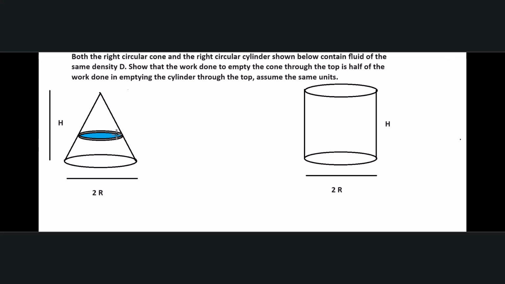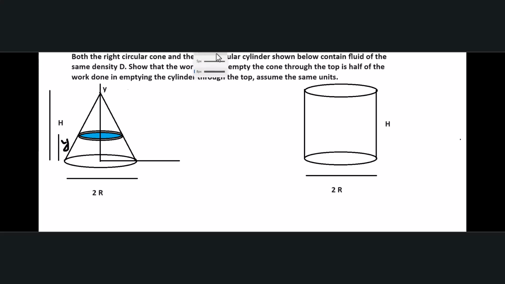So for the cone, let's look at a thin slab of the fluid here. And what we are going to do is take this as the y-axis. And so we will take this as a height of y, that is the height of the slab is y.